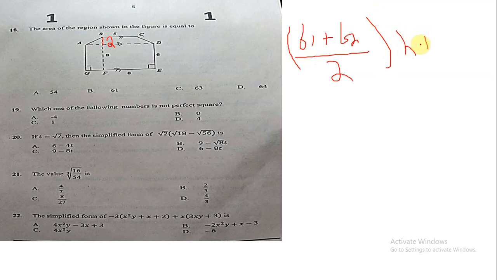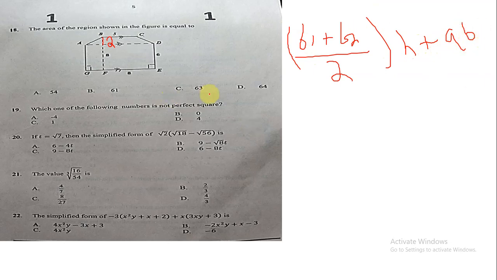Here we will use, first of all, here we have 8, right? Okay, so that means the distance from here to here will be 2. Then we make the formula: we will use P1 plus P2 over 2 times h plus ab.